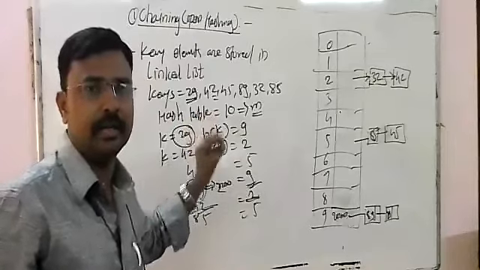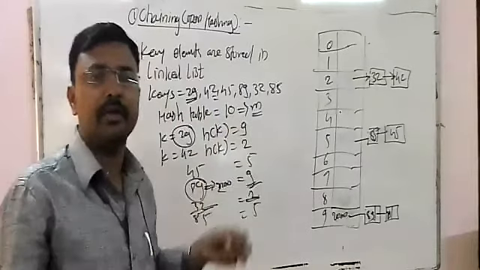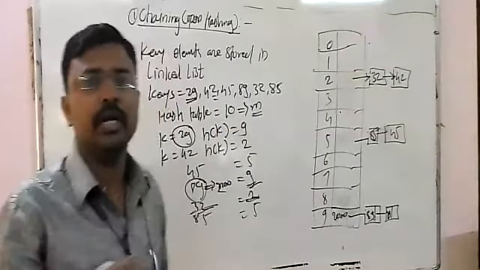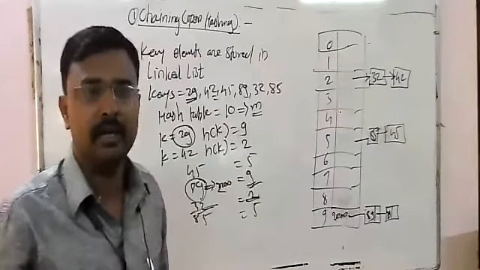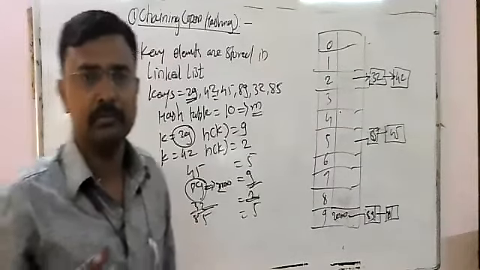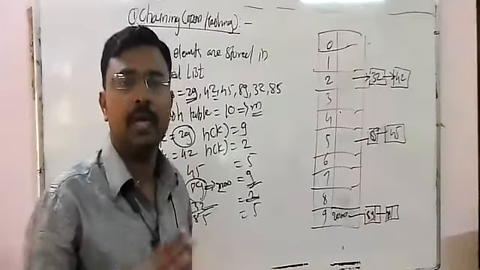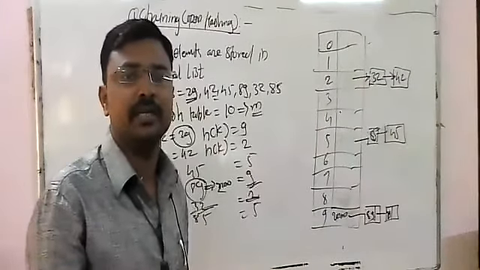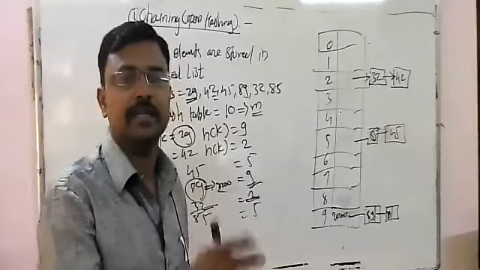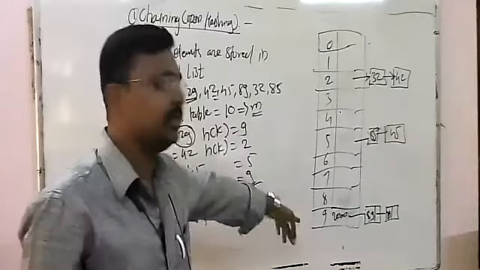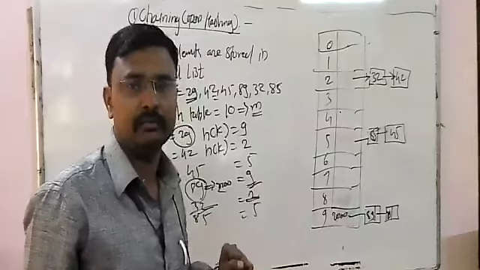Chaining means we have linked the elements which have the same hash value together, and the address of the first element is stored as a key value.